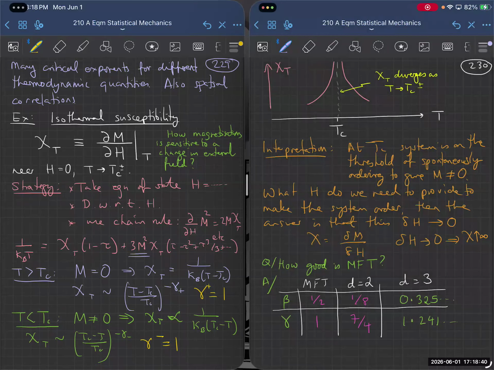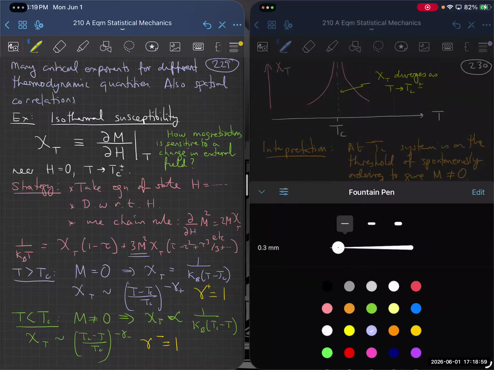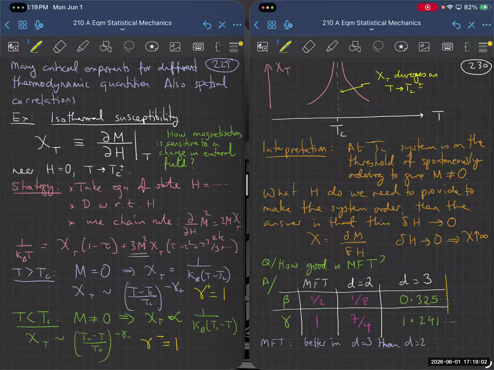And so what you can see from this is that a mean field theory is better in d equals 3 than d equals 2. And if I were to plot up here d equals 5, then this number would be a half, and this number would be 1.